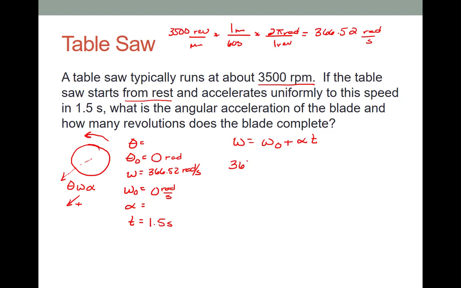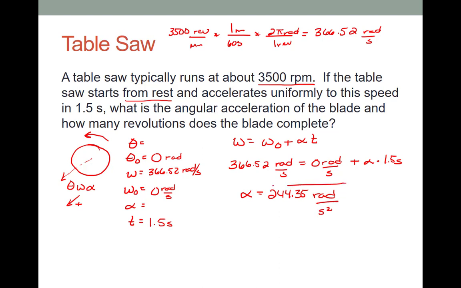So 366.52 radians per second equals 0 radians per second plus alpha times 1.5 seconds. And that gives us an angular acceleration of 244.35 radians per second squared.